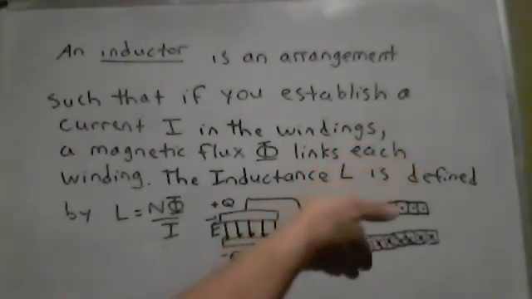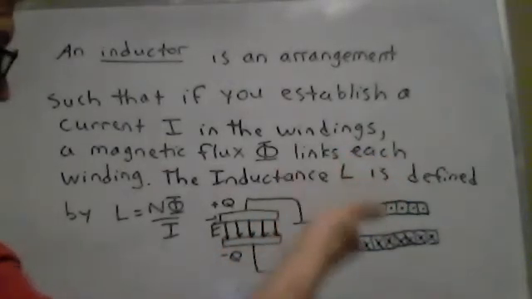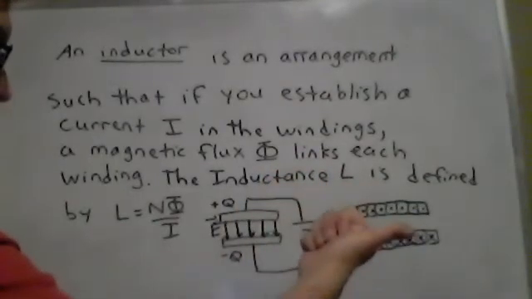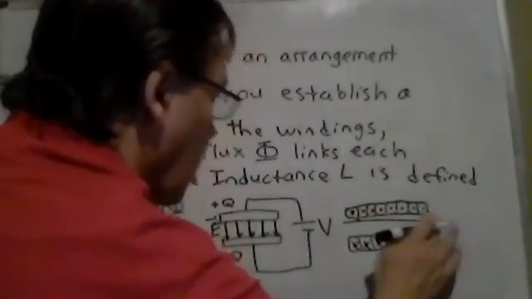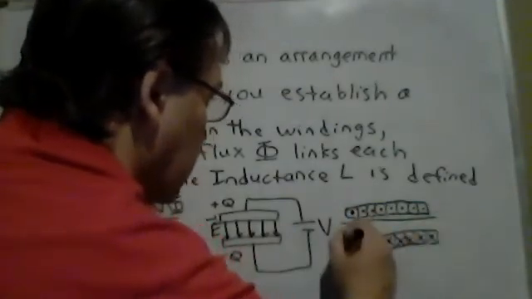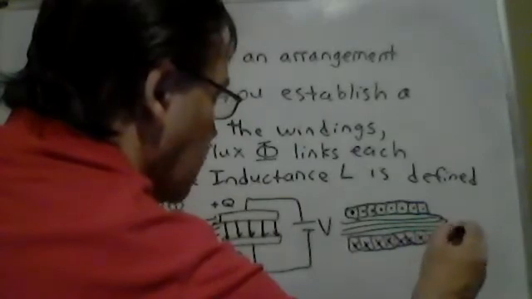I curl my fingers along with the coil, along with the wire or the current. So it's going to go into the bottom and out the top, and so the magnetic field is going to be going to the right. So I have a nice strong uniform magnetic field, parallel to the axis of this solenoid.